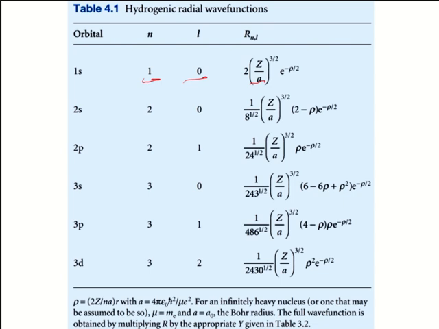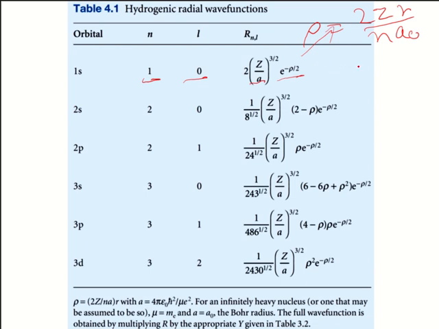So 2Zr by n a naught, what we had written earlier. So this is a simple exponential decay. Rho is equal to 2Zr by n a naught. So you can think of a constant term.